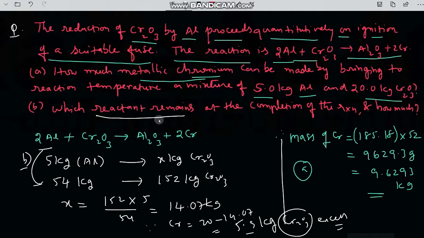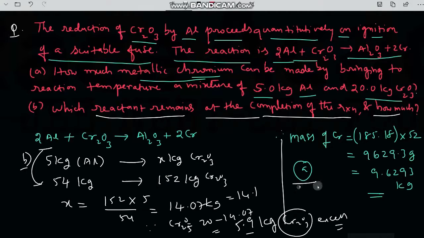That means the reactant that remains at the completion of the reaction is chromium oxide, and how much? 20 minus 14.07, which gives 5.9 kilograms.